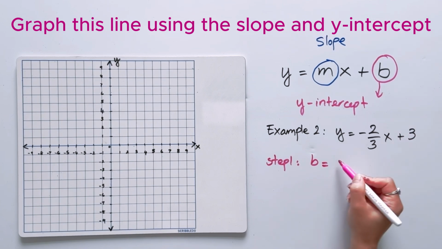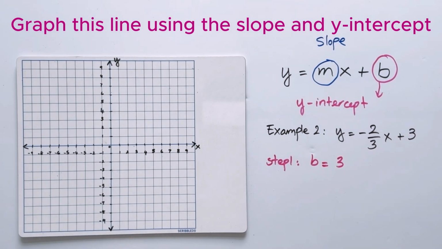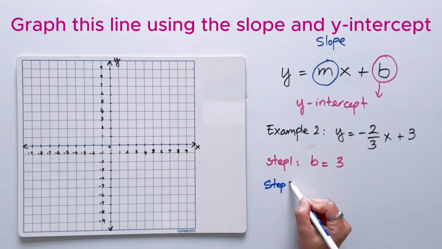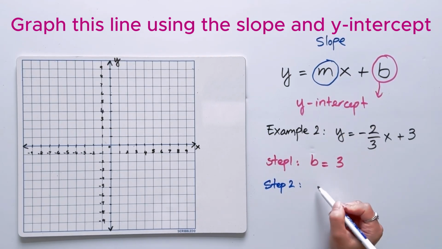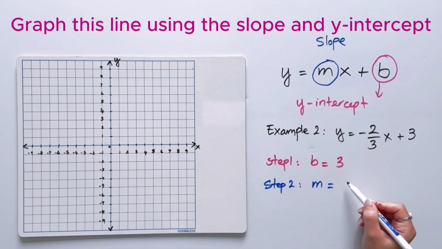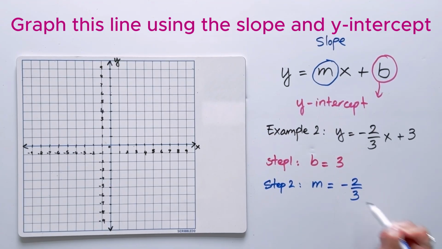Again, we have positive 3 here. Step 2 is we want to find the slope, which is m right here. m equals -2/3. Now we will use these 2 points to graph.